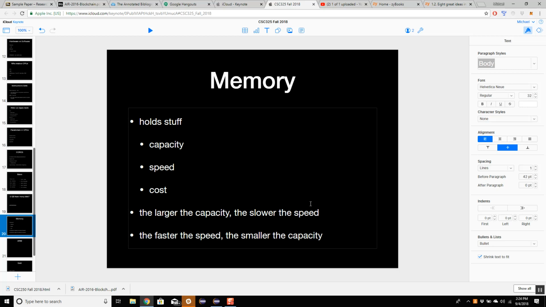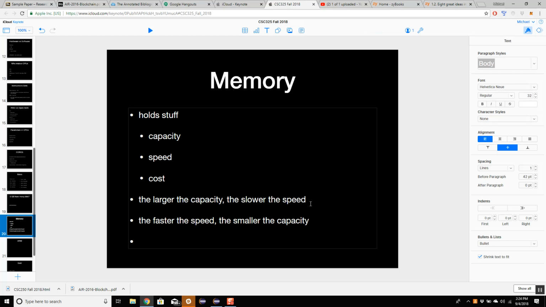Now, when we're dealing with computer organization, how all of our parts talk to each other, inside of our computer we probably have several different levels of memory that all talk to each other. A general thing we might say here is the closer to the CPU, the faster and smaller memory gets. That tends to be a truth as well.